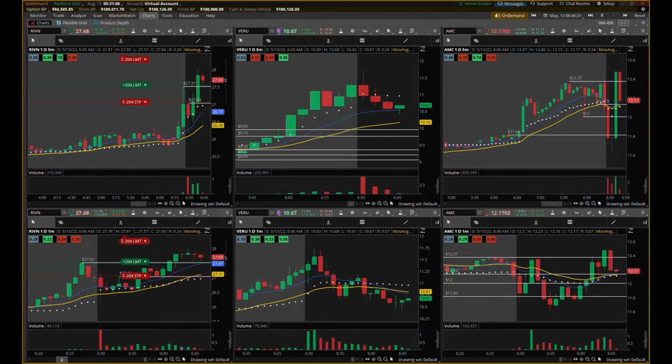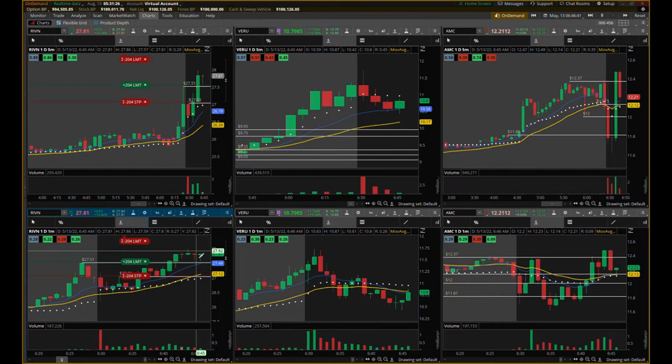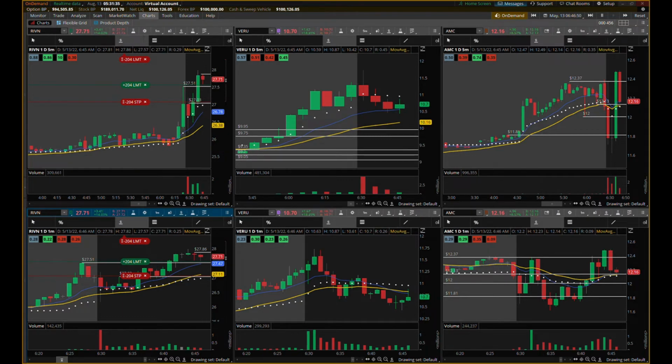See, it made a little lower low on this 1 minute candle. If you could see the 10-second time frame, you would probably see a downtrend here with lower highs and lower lows. Now the question is, if this comes back up and breaks over here, do I want to just jump in it? I don't know, maybe.